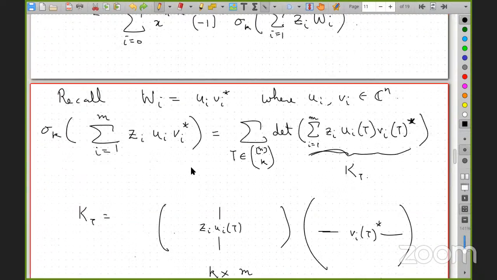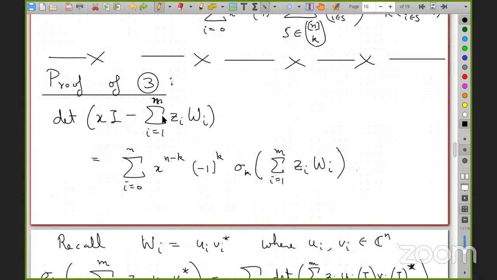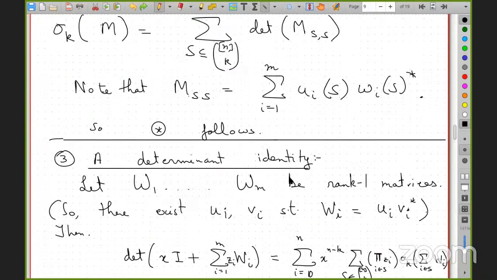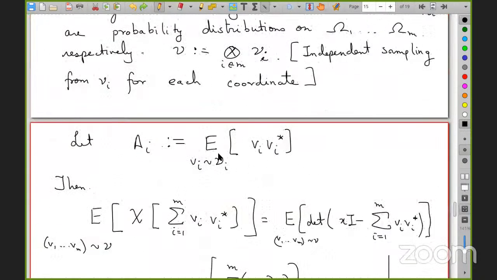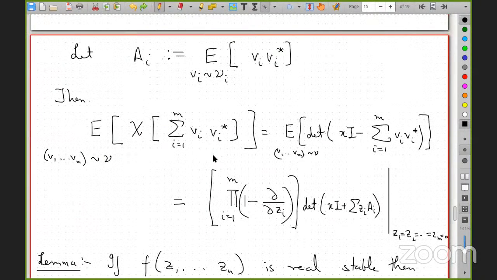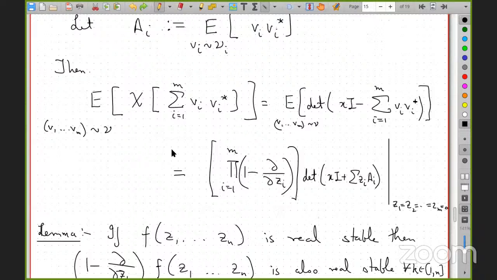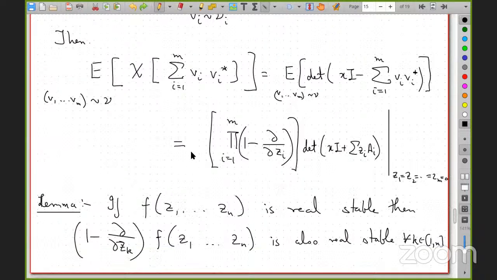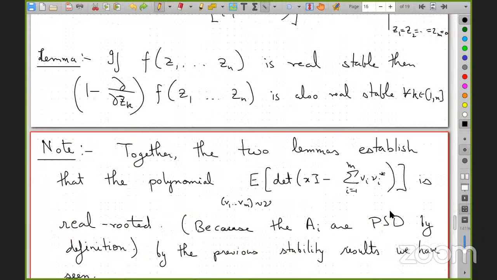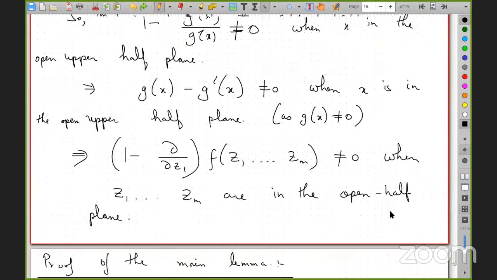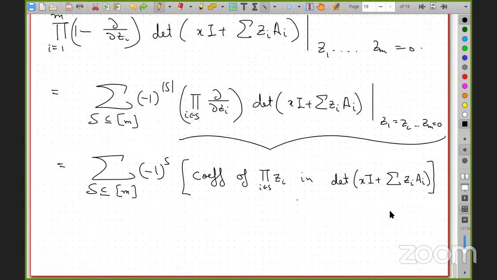It is the expected characteristic polynomial, where we have these vectors coming from distributions mu i, and we take the characteristic polynomial of the rank 1 sum, and then take the expectation over the distribution of the vectors. That's the polynomial we are interested in. The claim is that it is equal to this thing we have defined. Yes, that is the main lemma.